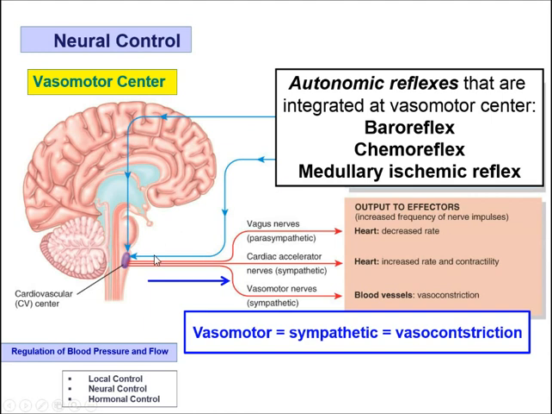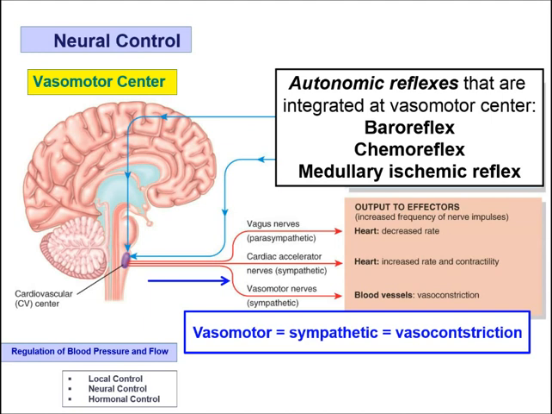The medullary ischemic reflex: we have receptors in the brainstem, and they're assessing the oxygen levels and chemical levels in the cerebral spinal fluid. So in response to information about the cerebral spinal fluid, we could then vasodilate or vasoconstrict blood flow to the brain.